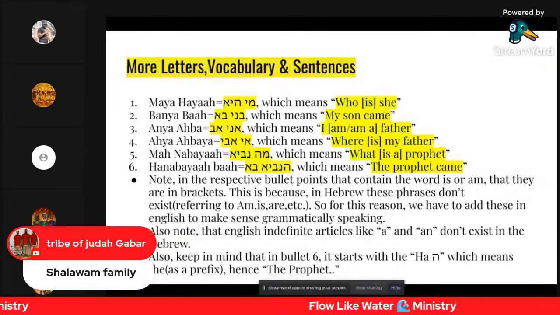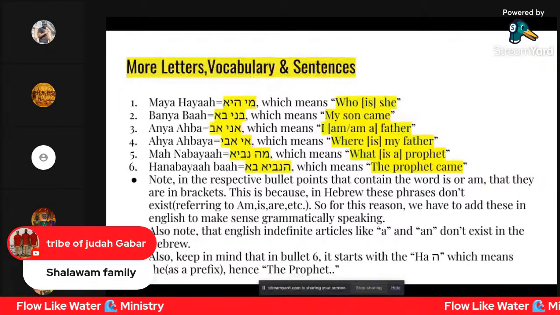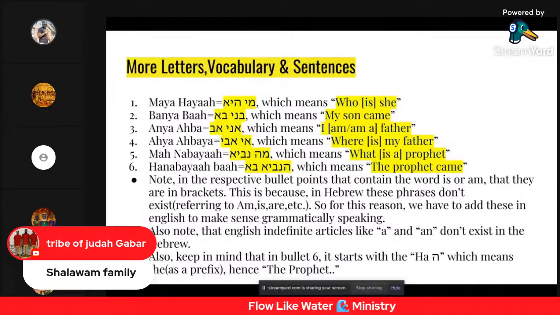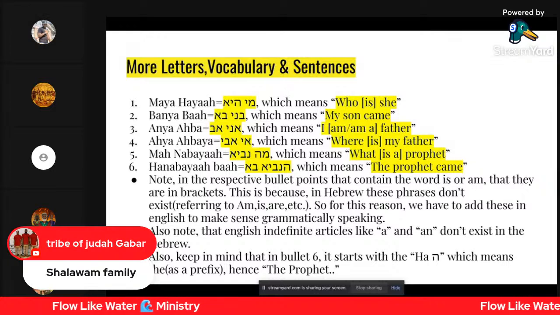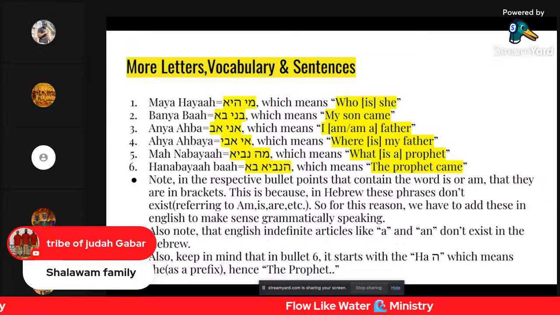Aya, Abaya, which means where is my father. Ma, Nabaya, which means what is a prophet. Hana, Baya, Ba, which means the prophet came.